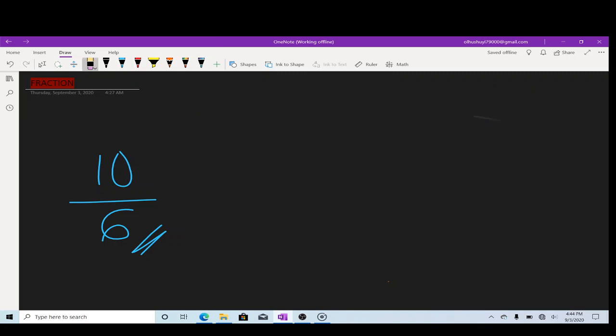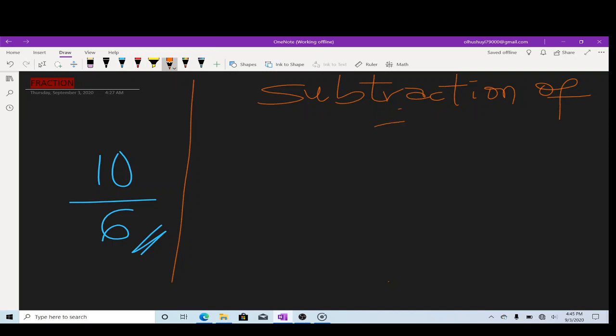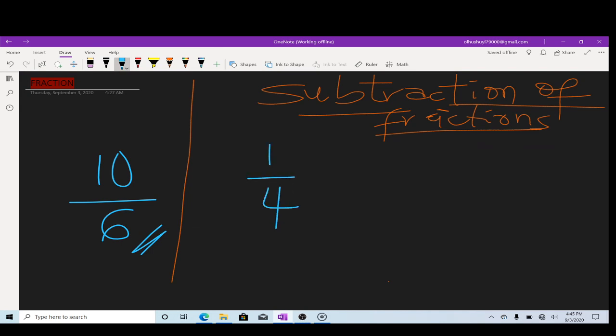So you have subtraction of fractions. So if you have 1 upon 2 minus 1 upon 4.